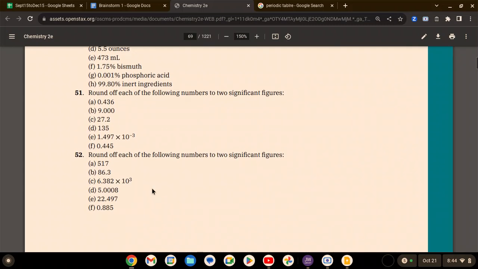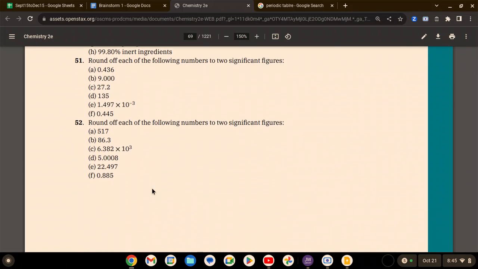49, 51. Round off each of the following numbers to two significant figures. All right. Two significant figures would be at the 3. So that would be 0.44. All right. B. The second 0. The first 0 is the second significant figure.